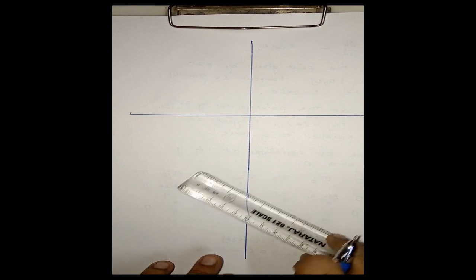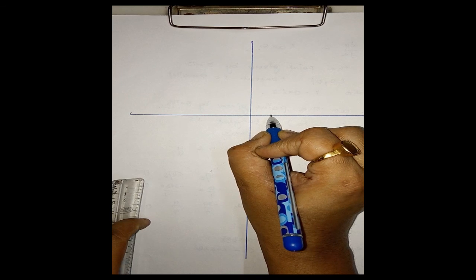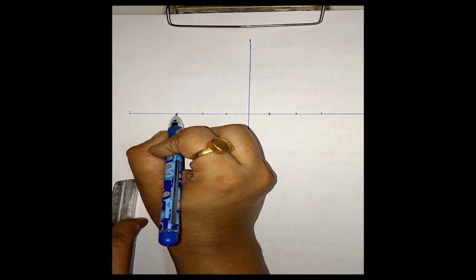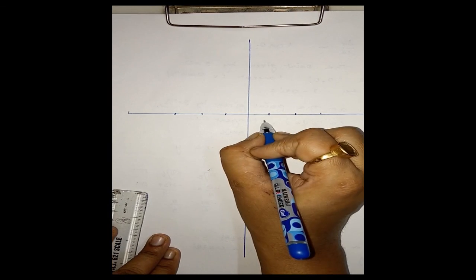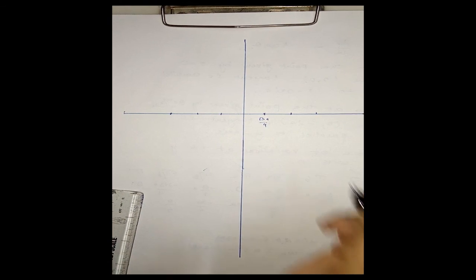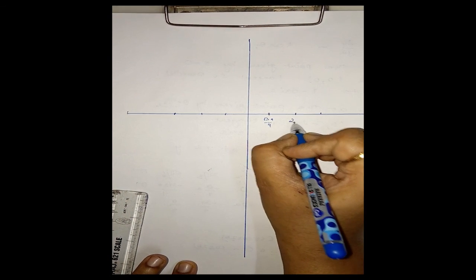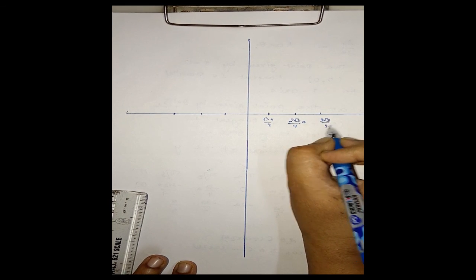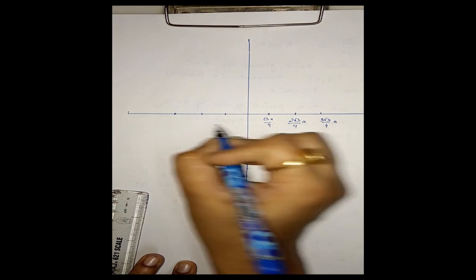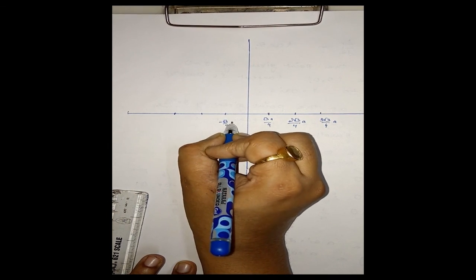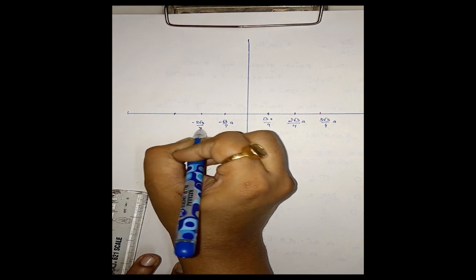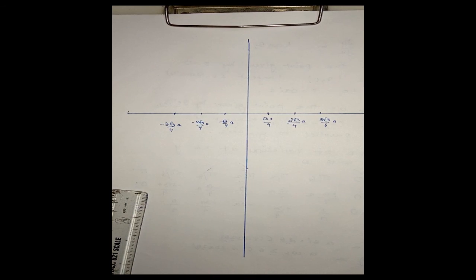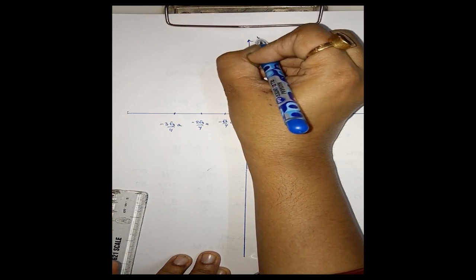Let these be the points 1, 2, 3 on the x-axis: root 3 a by 4, 2 root 3 by 4 a, and 3 root 3 by 4 a, and the same on the negative side. This is my y-axis.